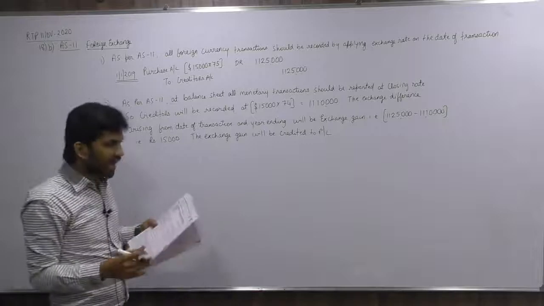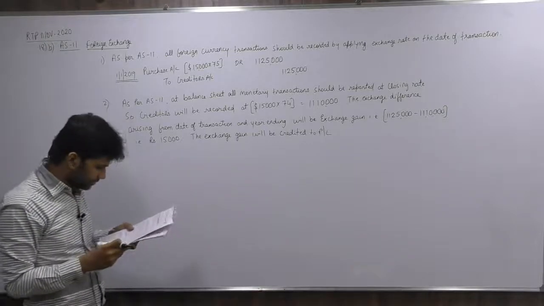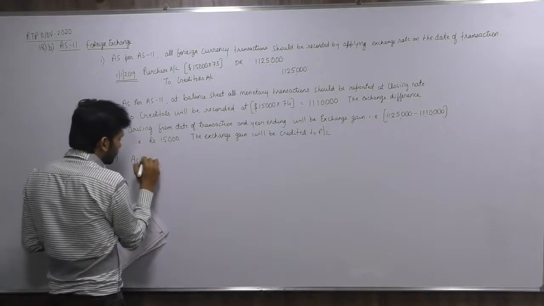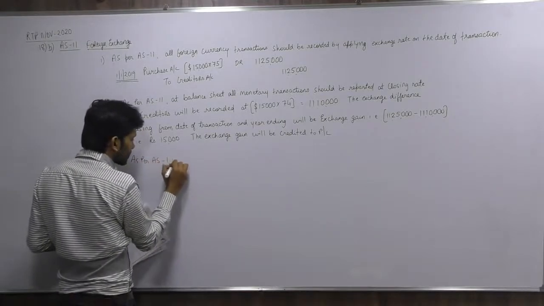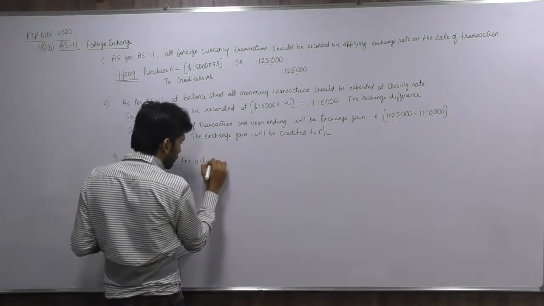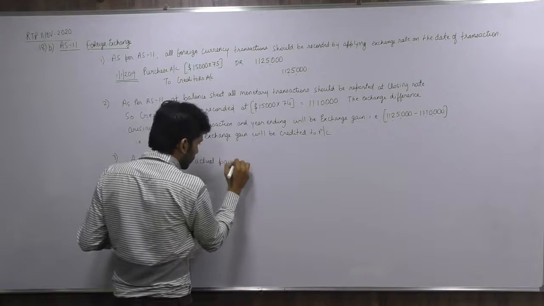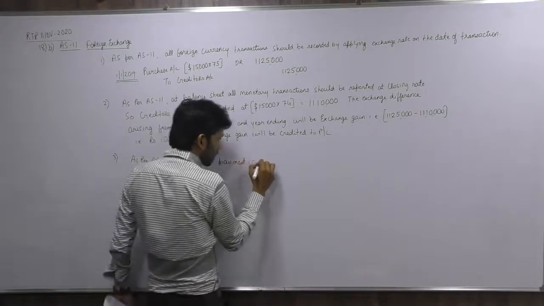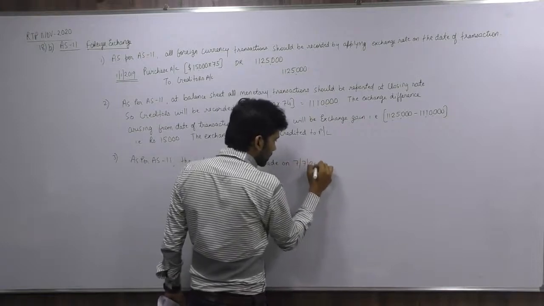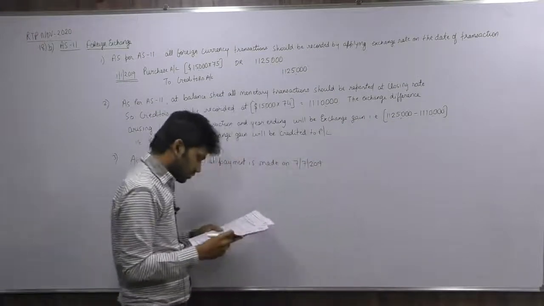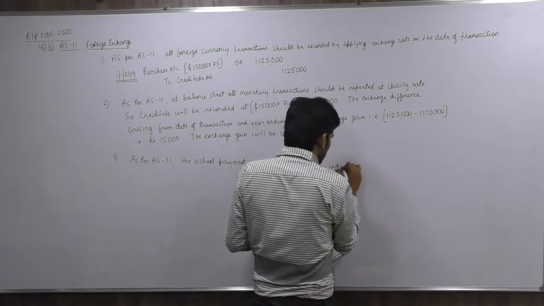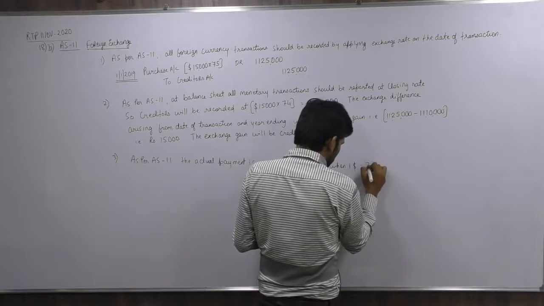Now, when the actual payment is made on 7th July, as per AS11, the actual payment is made on 7th July 2019, when $1 was equal to 73.